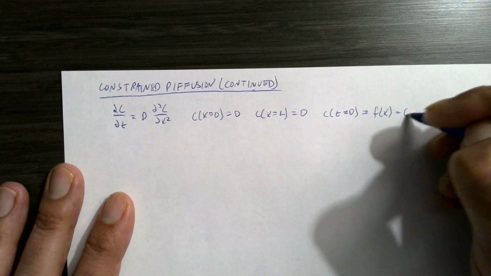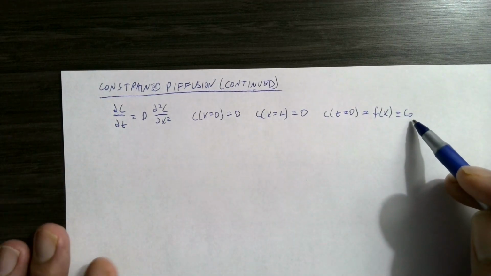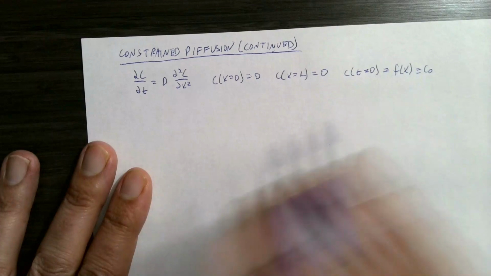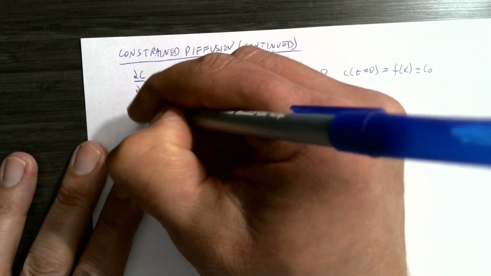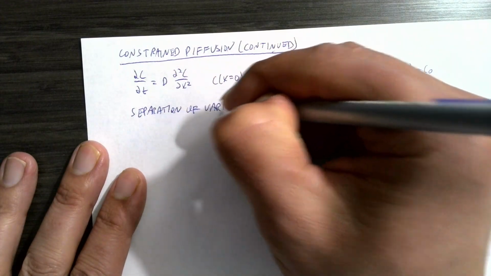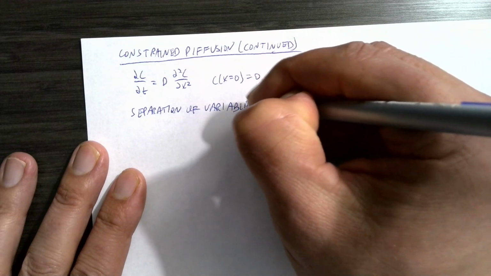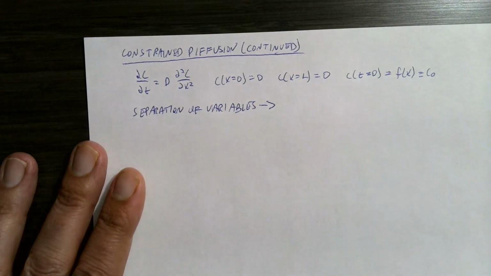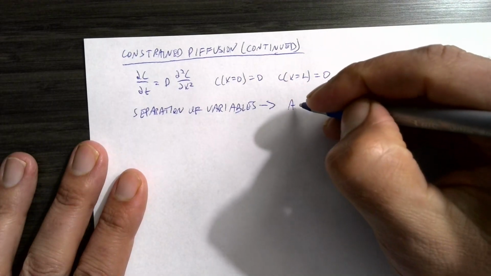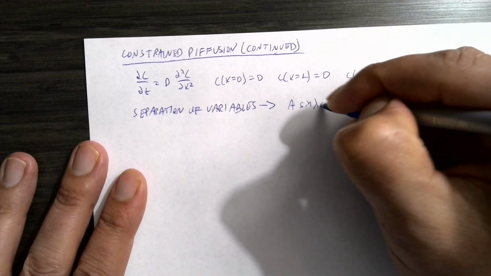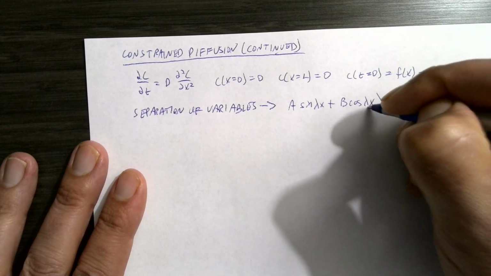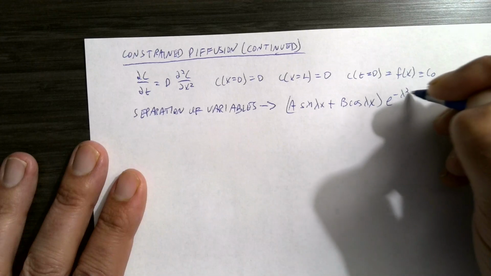And then we might look specifically at the case where that's a constant C0. Anyway, this is our model problem, and we used separation of variables in the last video, and that told us the equation should be a sine lambda x plus b cosine lambda x times e to the minus lambda squared t.